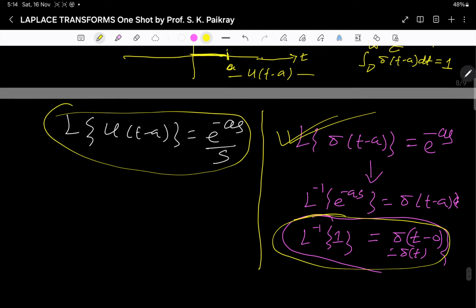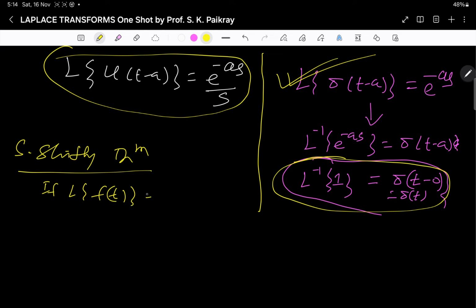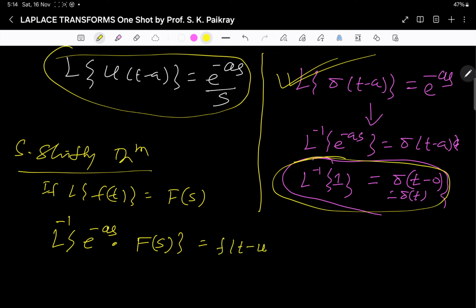Now my most important thing is my second shifting theorem. The second shifting theorem says if L of f(t) is equal to F(s), then L inverse of e to the power minus as into F(s) is f(t minus a) u(t minus a).